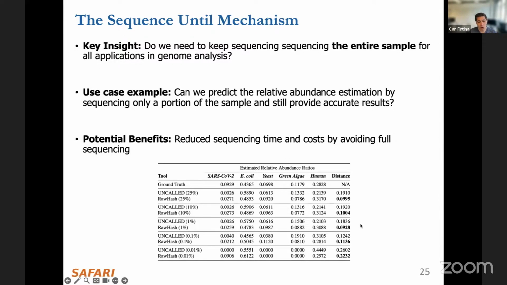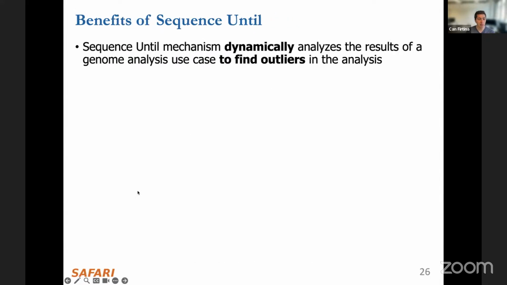And if the goal is to perform really cheap sequencing and to perform, let's say, relative abundance estimation that can tolerate such a small distance difference between sequencing the entire sample and only 1% of the sample, then how can we decide at a certain percentage that we want to stop the entire sequencing? So that's where SequenceUntil comes in.